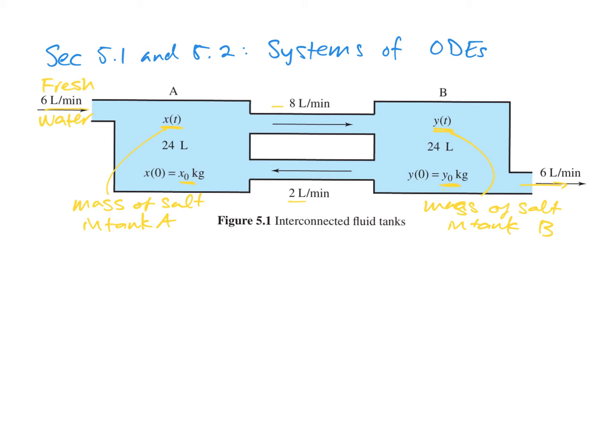And that was by using this idea that dx dt equals the input rate minus the output rate.